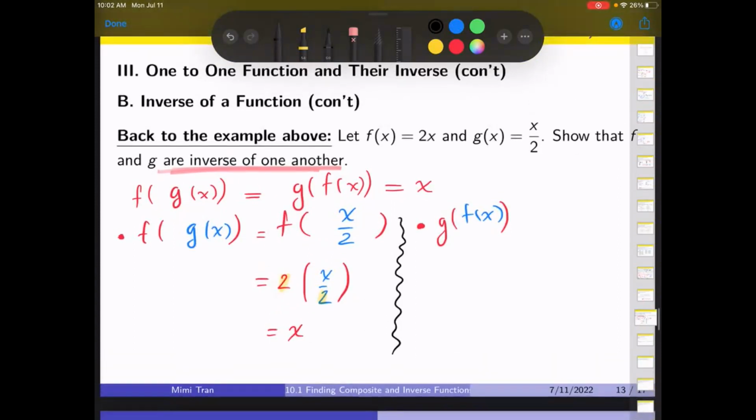So let me start. Inside function first, right? This is equal to G, and the blue part is now 2X. And what do I do with the 2X? You put it inside G. G is something over 2, and that something now is 2X.